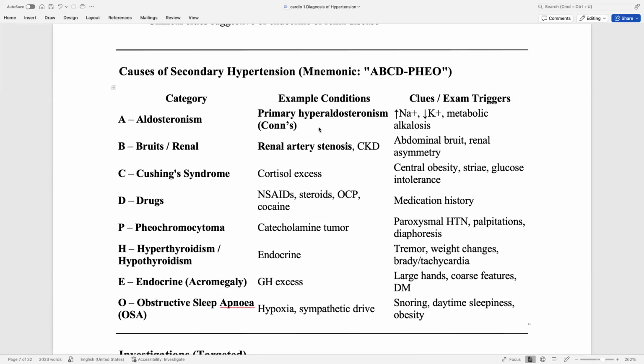Okay, in this patient, what about the renin, everyone? What is the status of renin in this patient? Will it be low or high?